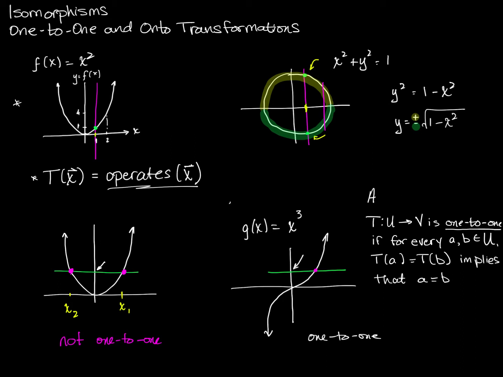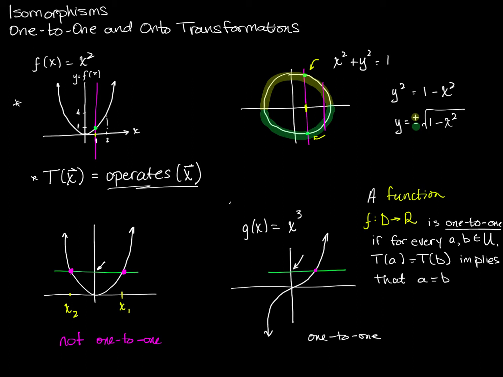I could take the word transformation out here and replace it with the word function. And I could take T mapping U onto V and replace it with, let me use the same notation actually, f maps the domain onto the range.